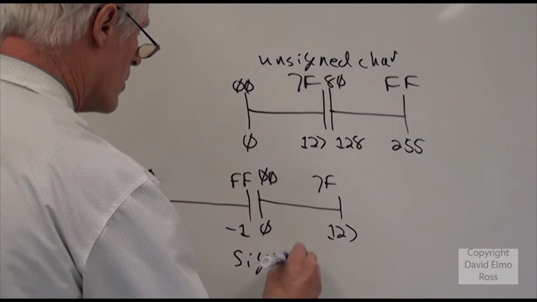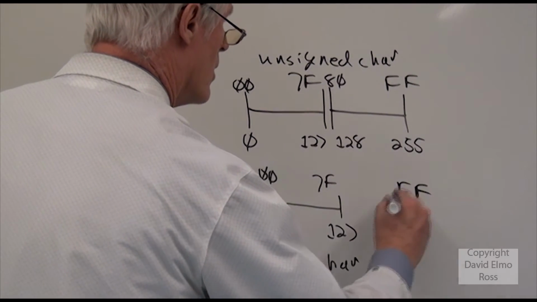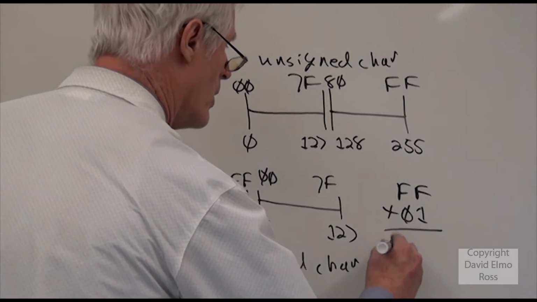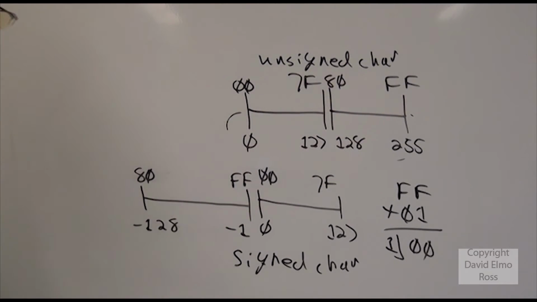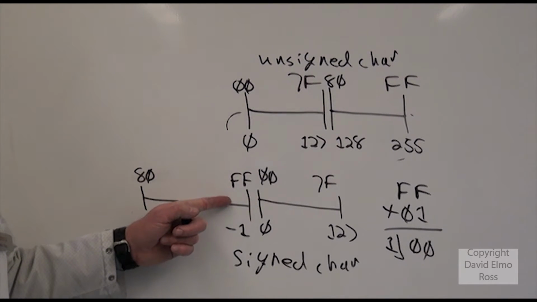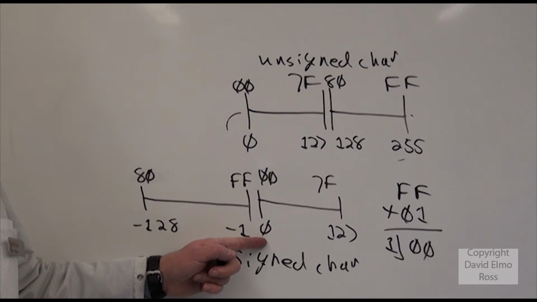And what we saw before was we had a calculation FF plus 1. And what we saw was this was a carry and a 0, 0 because it could not be represented properly in our unsigned line. However, FF plus 1 is not a problem here because FF is -1 plus 1 is 0. It makes perfect sense.